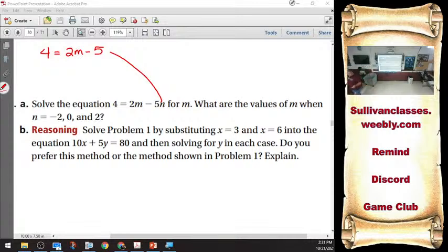That's the only difference. The process is the same. Go ahead and solve for M. Get M by itself. After you get the equation, once you get M equals this junk, then put in the N's.